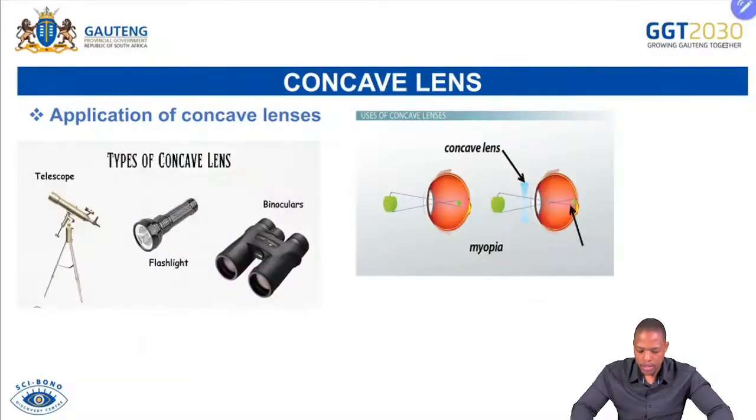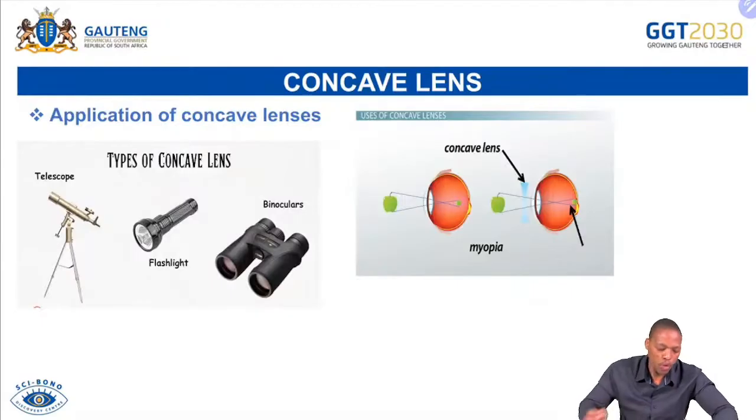Right. Some uses again of a concave lens. You have here telescope, uses a concave lens, some flashlights use a concave lens, and some binoculars also use a concave lens.